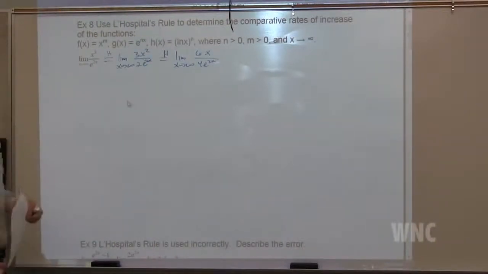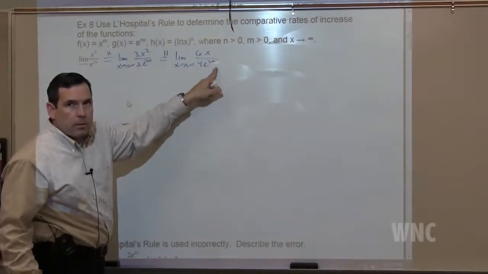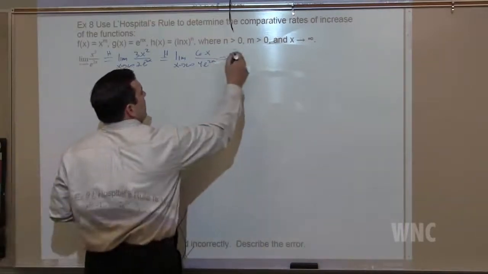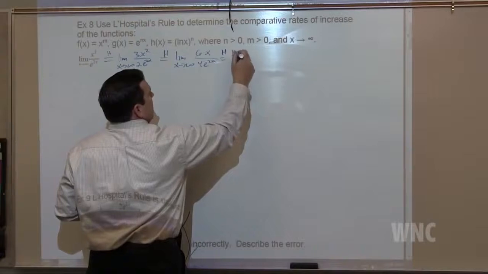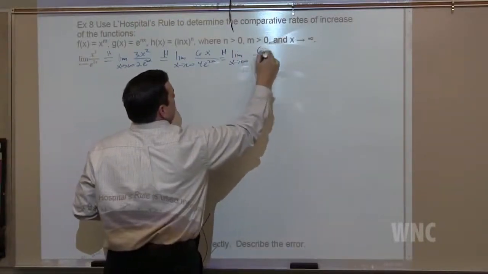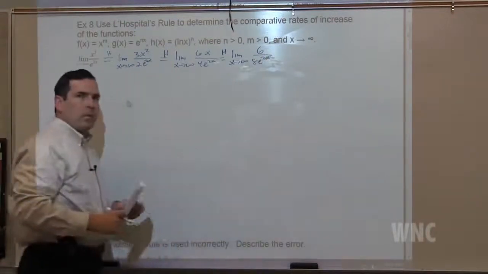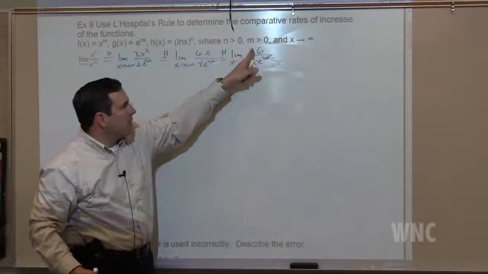Plug in infinity, we still have the indeterminate form of infinity over infinity. And taking L'Hopital's rule again, the limit as x goes to infinity of 6 over 8e to the 2x. Now if we plug in infinity, you have 6 over infinity.